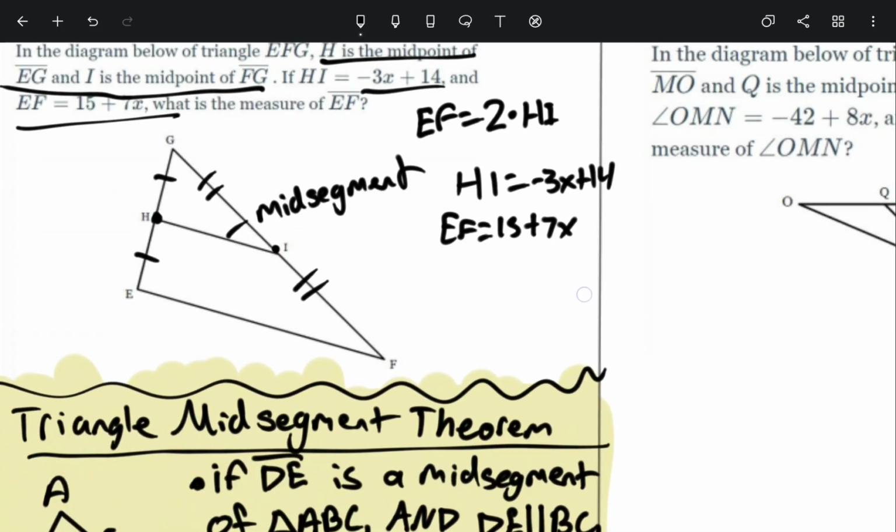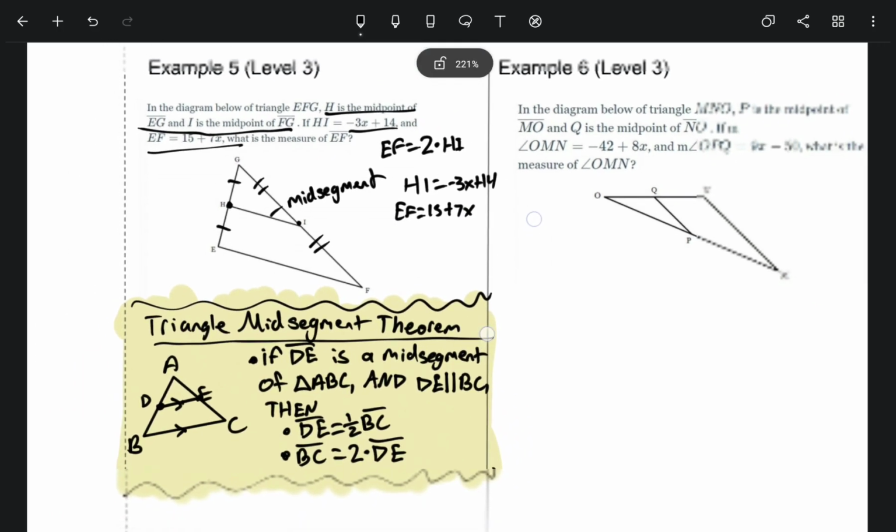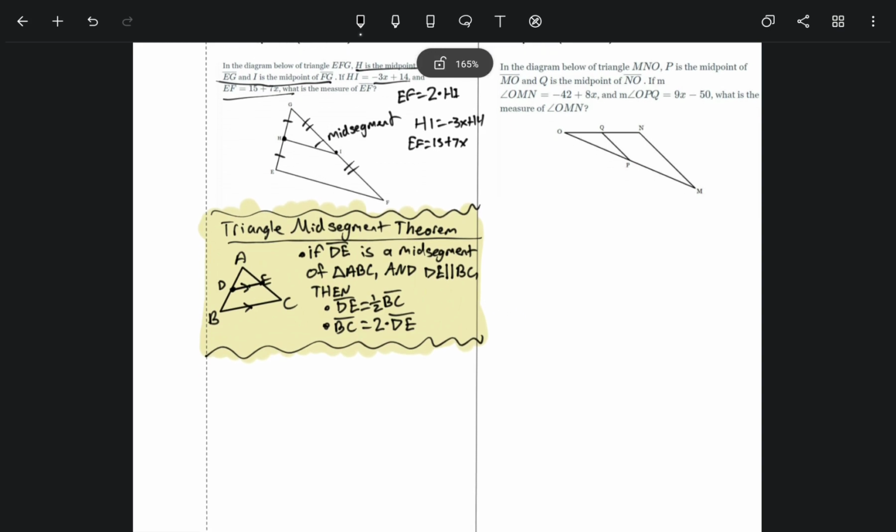So now I'm going to get started. So EF equals 2 times HI. So if EF is 15 plus 7x, that is equal to 2 times HI, which is negative 3x plus 14.